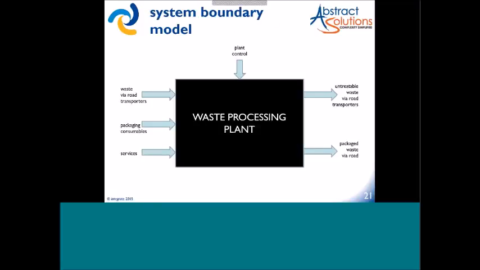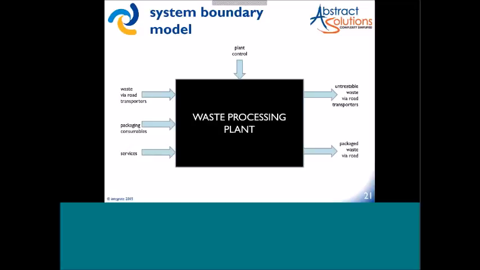So let's take an example. Suppose we have some stakeholder requirements. Now, in systems engineering terms, one of the first things that we'll do is to draw what's called a boundary diagram. And this is indeed a form of modeling at a very high level. In this particular example, we're developing a waste processing plant.